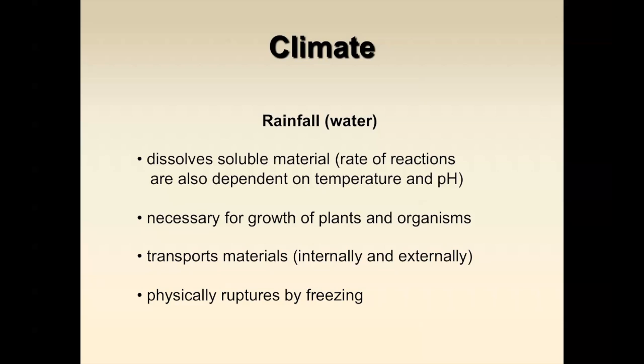The rate of reactions is also going to depend on your temperature and your pH. If your pH is too low or too high, a particular chemical species may not dissolve. Water, of course, is very necessary for plants and organisms. If you had a very high soil temperature but no water, of course, you're not going to have plants growing. And so soil formation will slow down in that particular case.